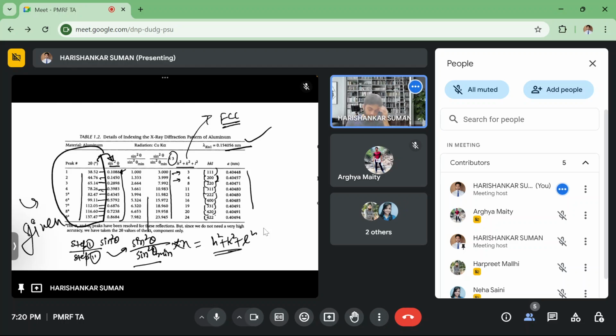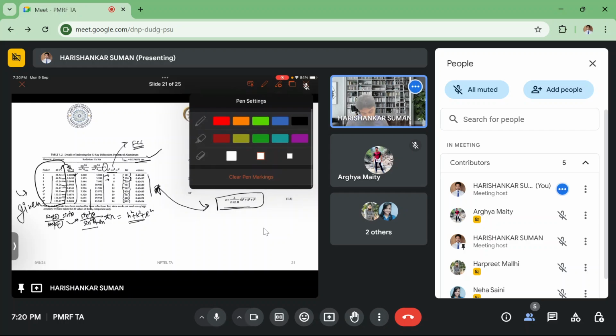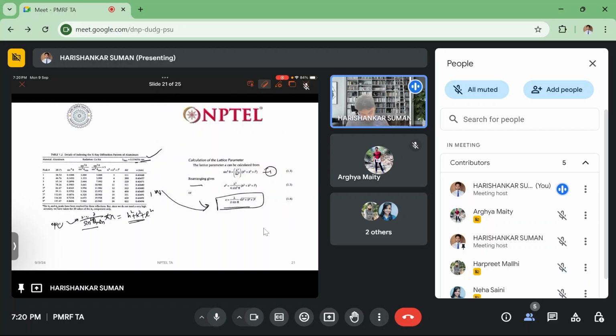Corresponding to this, if we apply the formula, we will get the lattice parameter. Okay, so this is the procedure. We can determine whether the crystal is FCC, BCC, or simple cubic.